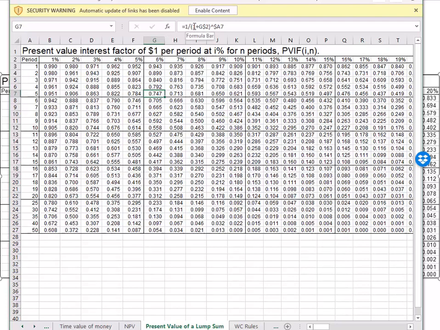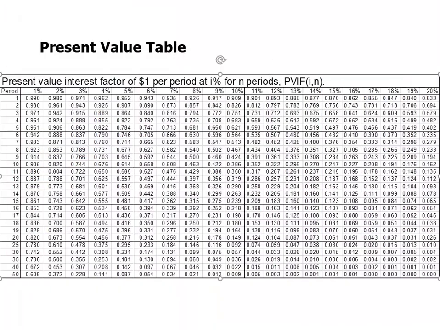It's dividing it by 1 plus G2. There's G2, it's the 6%, so divided by the inflation rate to the power of A7, which is the power of 5. So to get this factor, they are in fact using the present value formula. Instead of us doing the calculation, we're just multiplying by the factor. So that's another way of doing this.